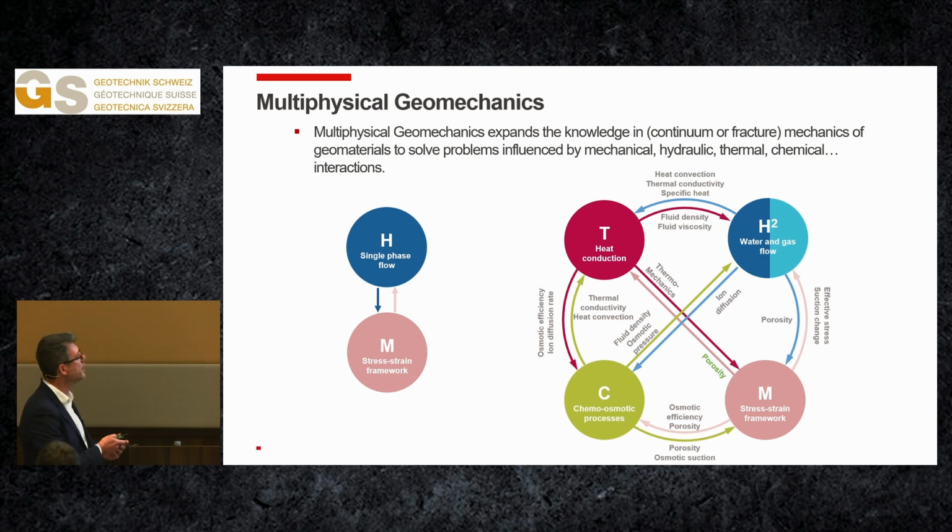But as we move to the nuclear waste repository, we understood that we need to include temperature, of course the mechanics, and the hydraulic part, the flow part, which now has to account for the presence of two fluids, the water but also the gas that is going to be generated. And I didn't mention it explicitly, but there is also a part related to chemistry, that one may want to account for, for possible changes in the chemical composition of the pore water in the long term.